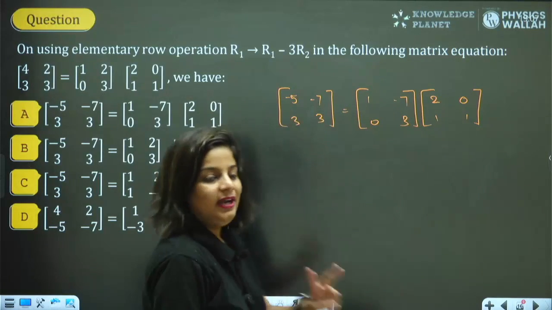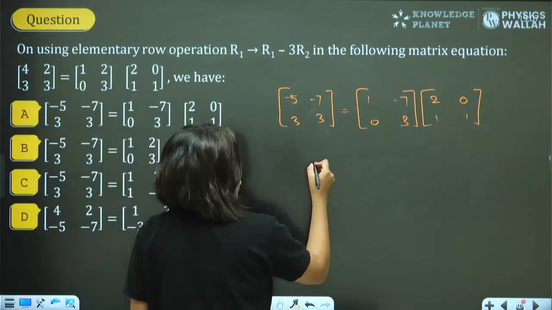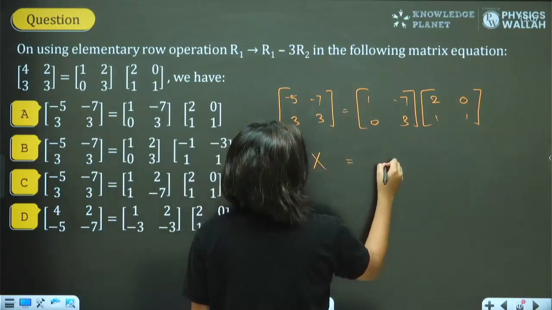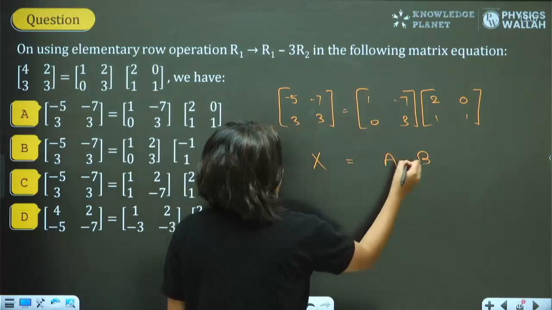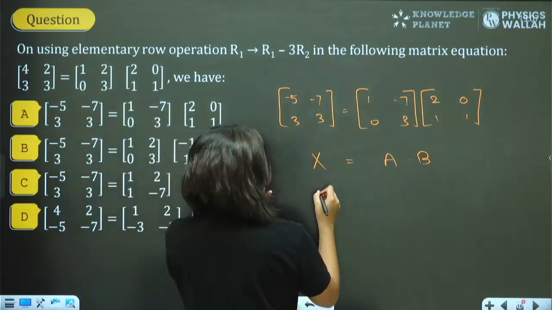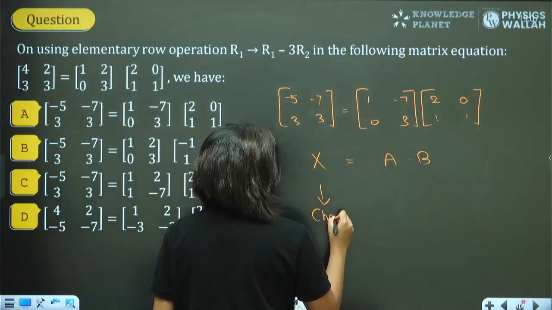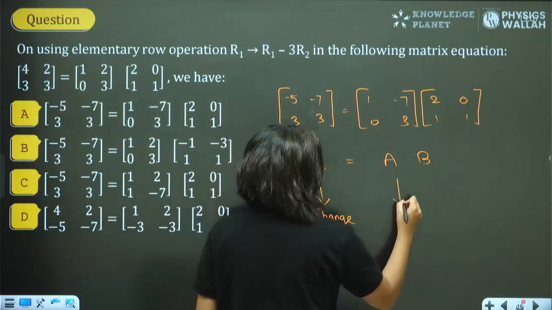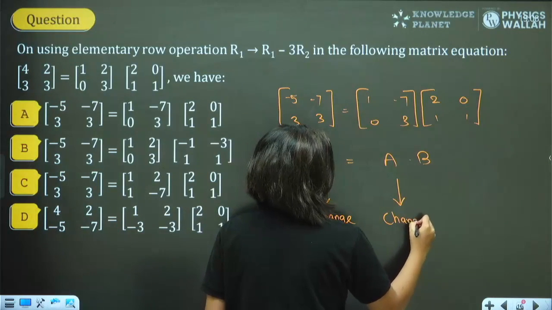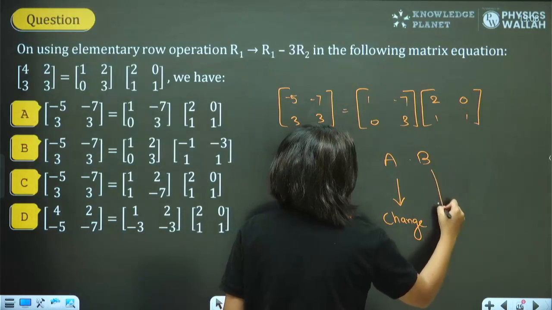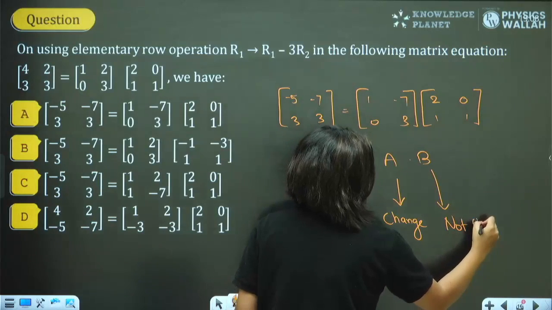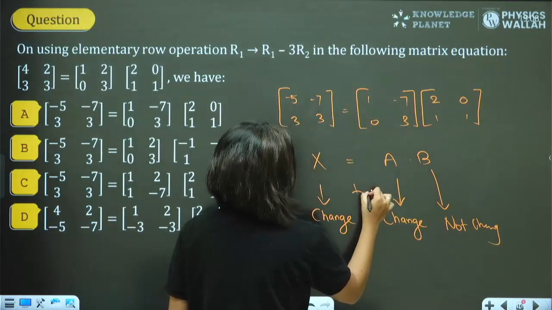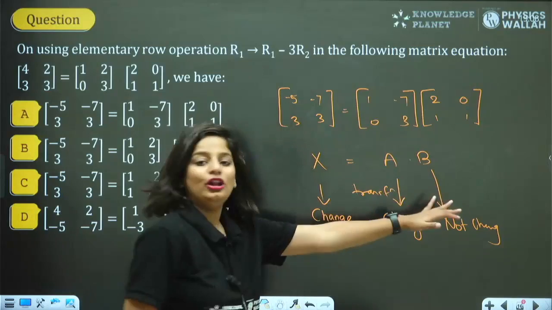When you have anything of this format, suppose X is equal to AB, and you are applying some transformation, X will change, A will change, but one of them will not change. When you apply a transformation, not all three will change.